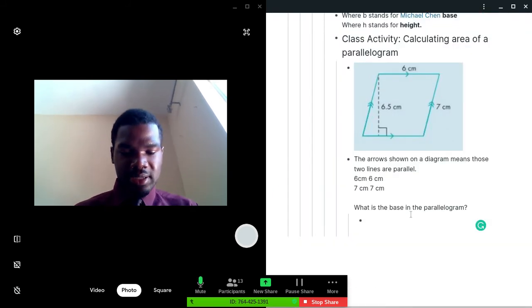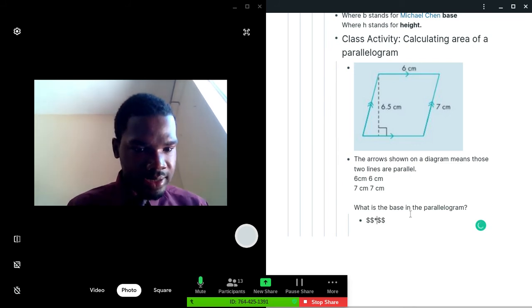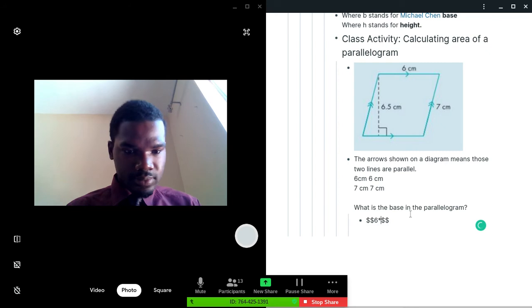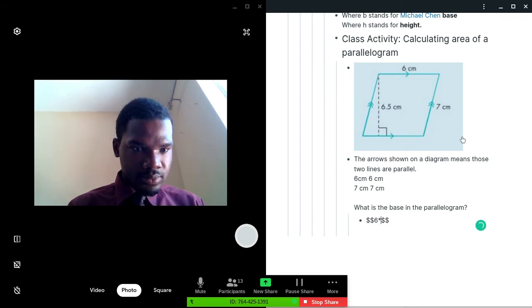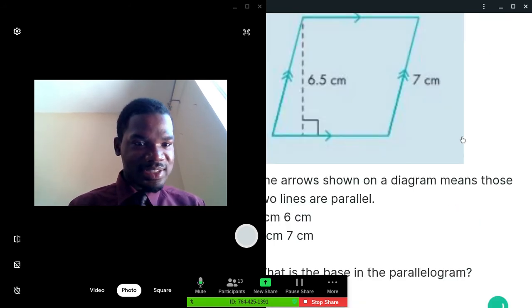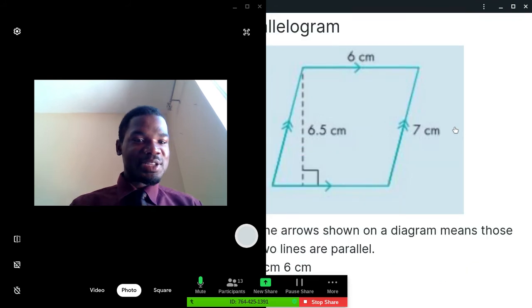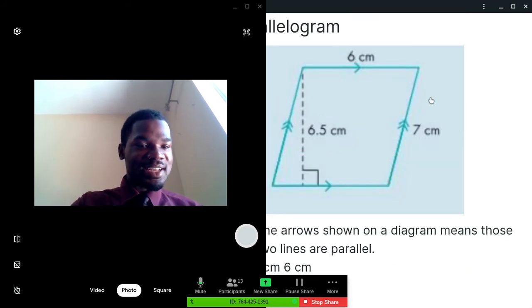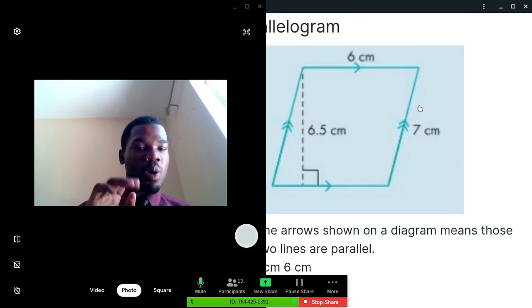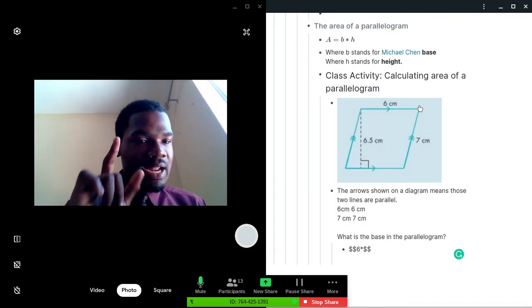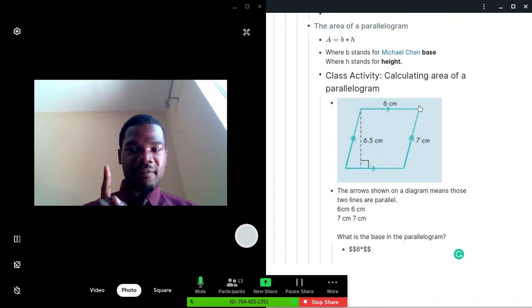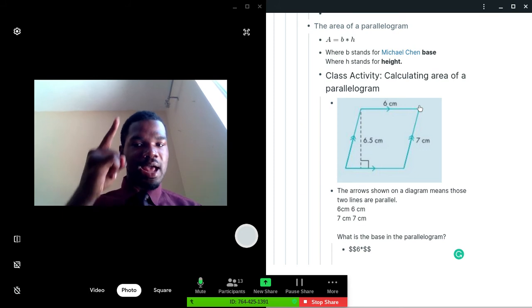So that means it's 6 multiplied by, what's the height? 7 centimeters? No, that was a trick question. Whenever we're looking at height it has to be vertically upwards. It can't be at an angle.